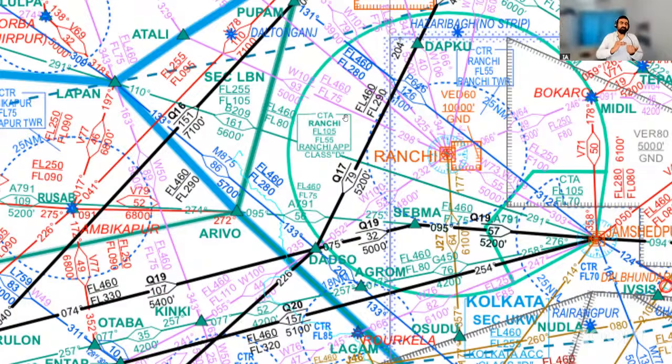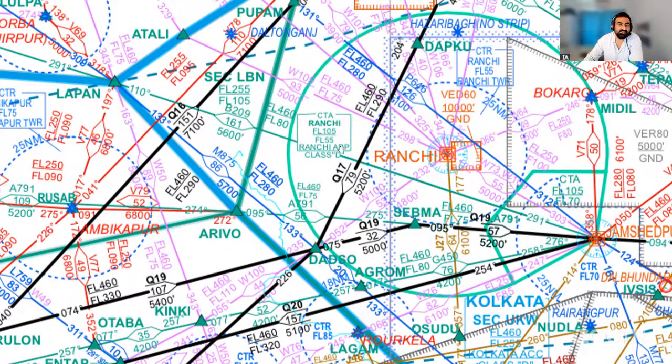One starts from the ground surface to a certain upper part, and one starts from a certain upper part to a further upper part. So approach can be considered to be CTA, synonymous with CTA. And CTR generally would be with the tower, not ground. So let's hunt for a CTR as well.